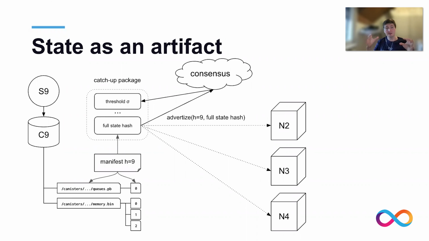What it does next is computes something called a manifest. So the manifest is basically a data structure defining all the files: the size of every file and the hash of every file, and then also all the pieces of all the files with hashes of every piece.